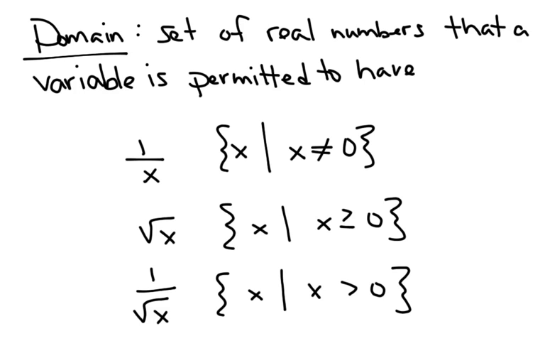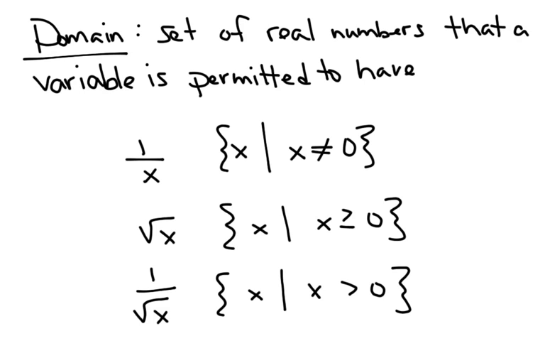If the expression is the square root of x, then the domain is x has to be every number greater than or equal to 0, because you can't take a square root of a negative and get a real number. Those were called imaginary numbers, and we're only dealing in real numbers. So 1 over the square root of x would have a domain of x greater than 0, not greater than or equal to.